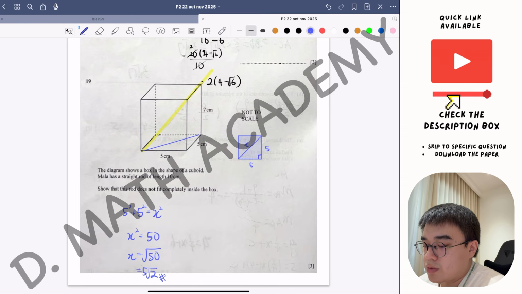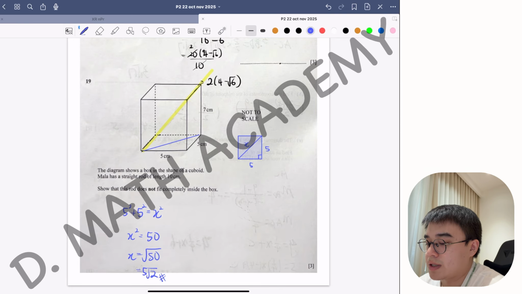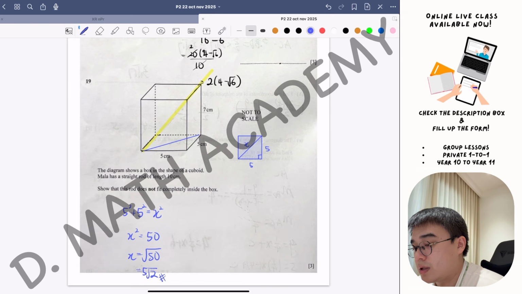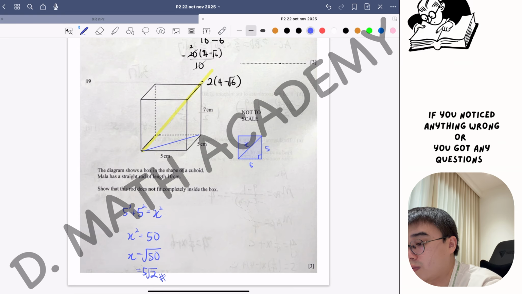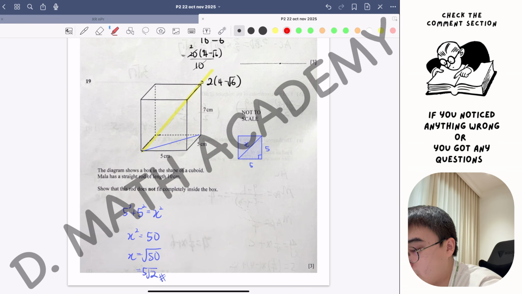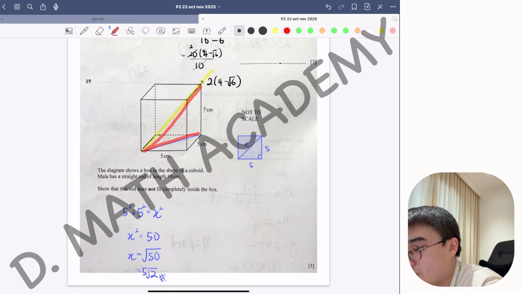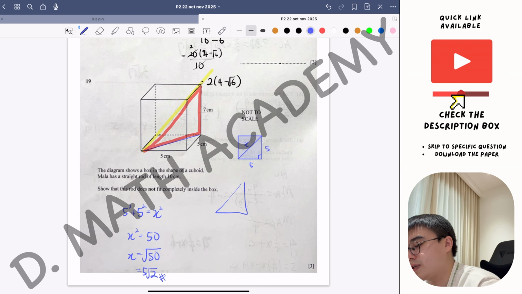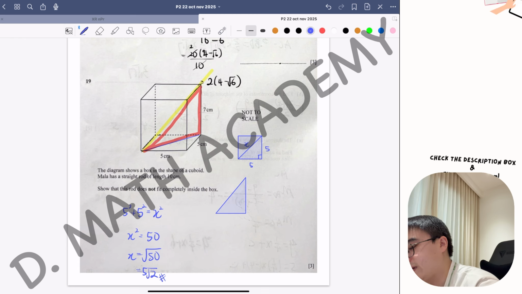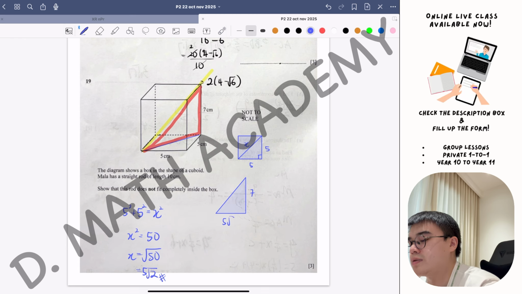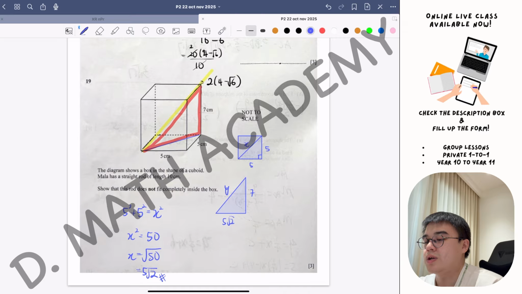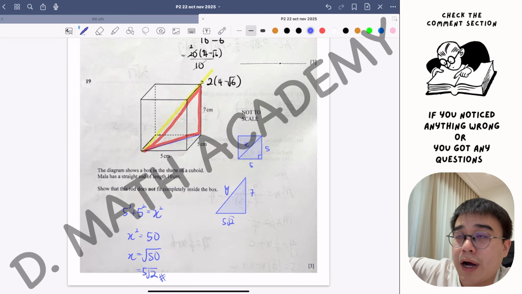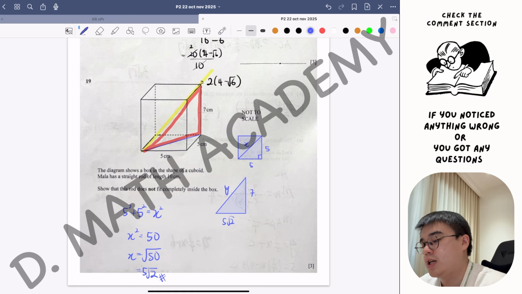So 5 square root 2 alone is not enough. You still have to further calculate it. Because now the triangle we're looking at is this one in red. So it is still a right angle triangle, but in this right angle triangle, we have 7, we have 5 square root 2 now, and they want us to trace this, which is the part where the rod would fit.